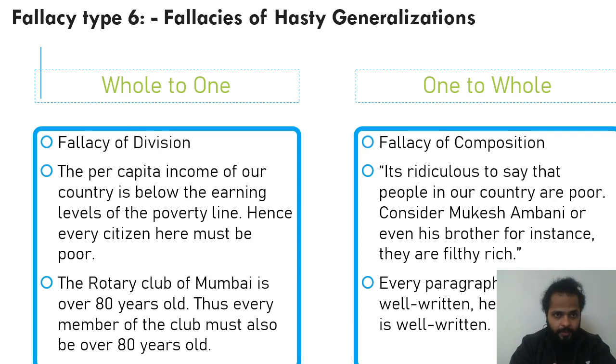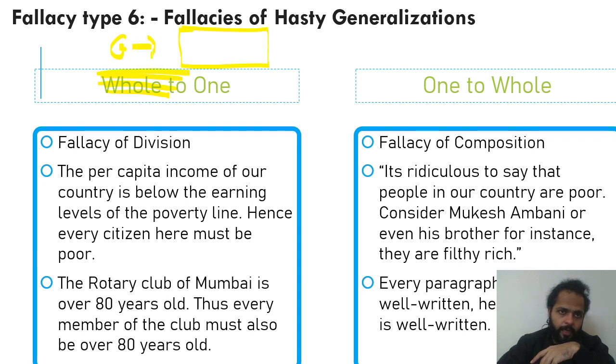Now we'll be talking about two categories here. The first category is when you are generalizing from the group towards the individual. When you have certain notions about a certain group, let's say this is the group, and about this particular group you have certain notions: this group has characteristic A, characteristic B, and characteristic C, and so on. Based on this information you think that this group generally has these characteristics.